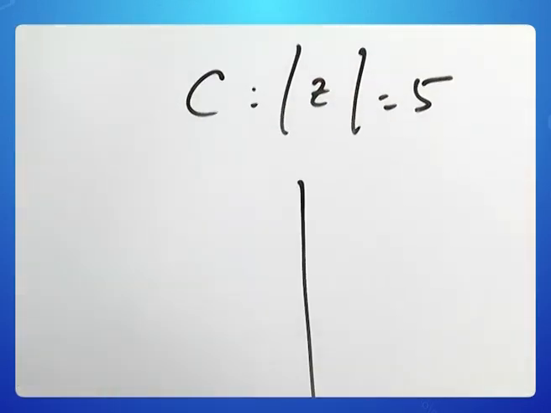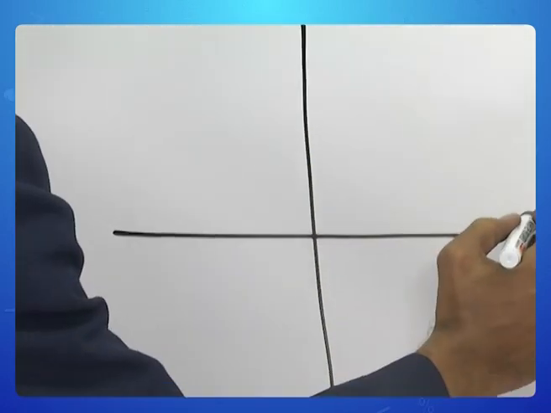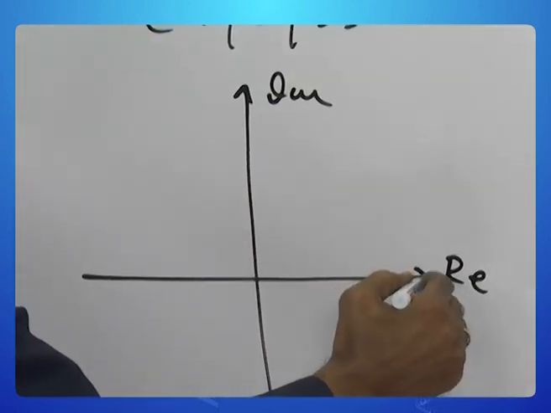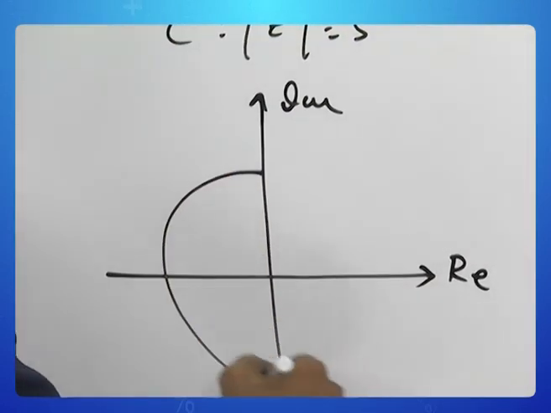It's a circle centered at the origin of radius 5 units.